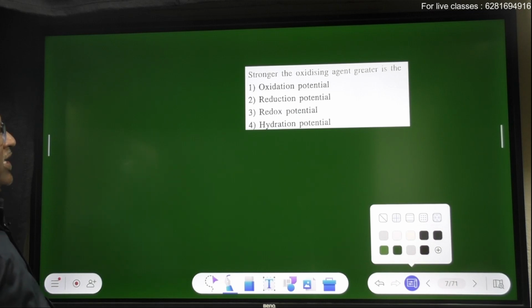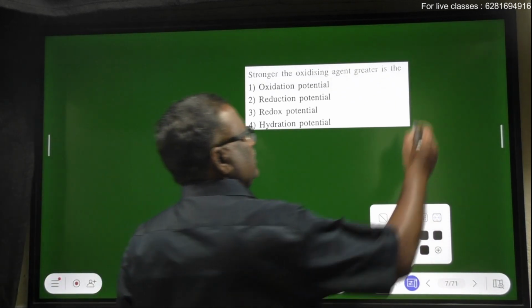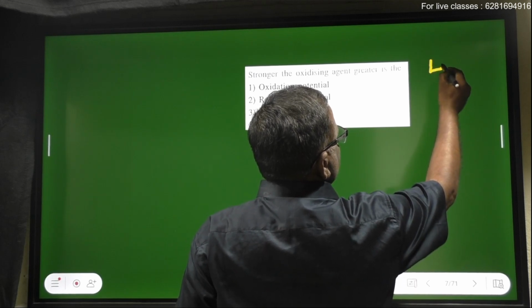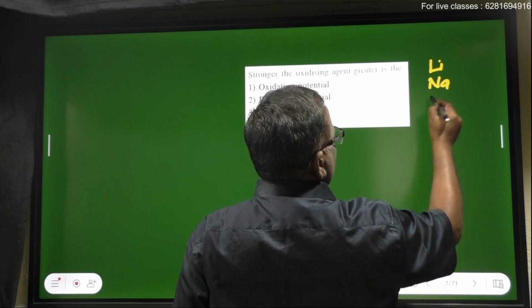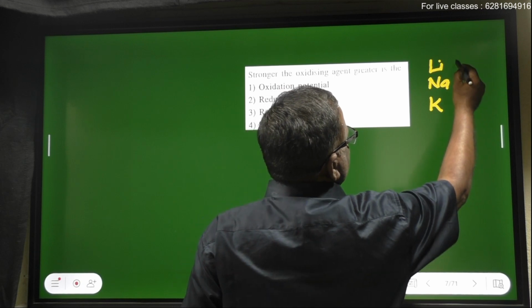Stronger the oxidizing agent. In the electrochemical series, active metals lithium, sodium, potassium stand on the top of the electrochemical series.